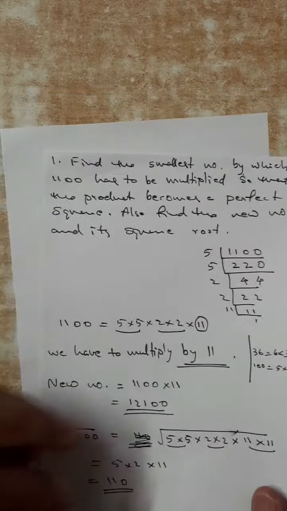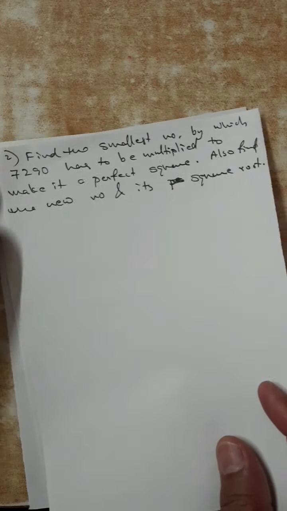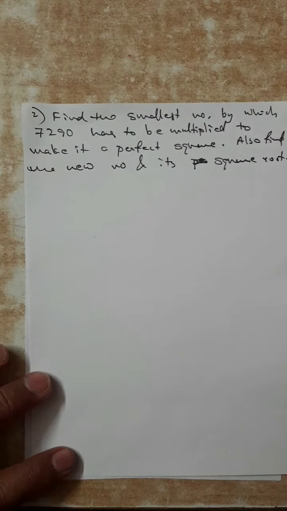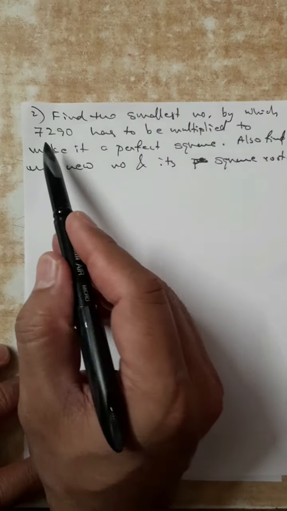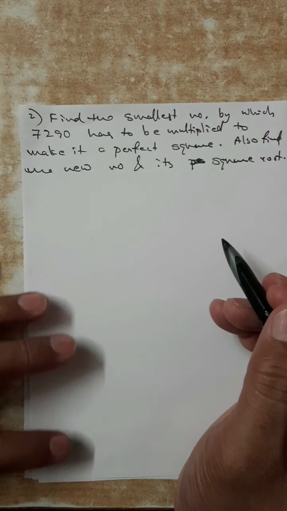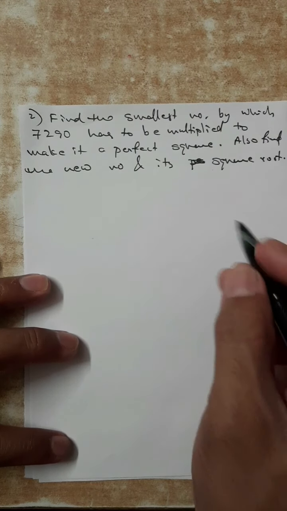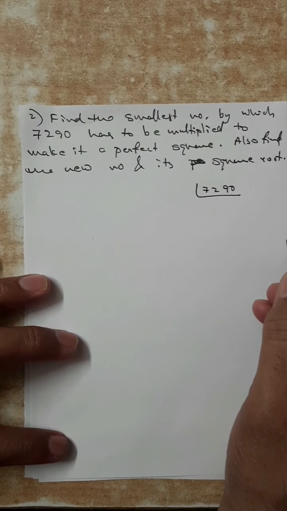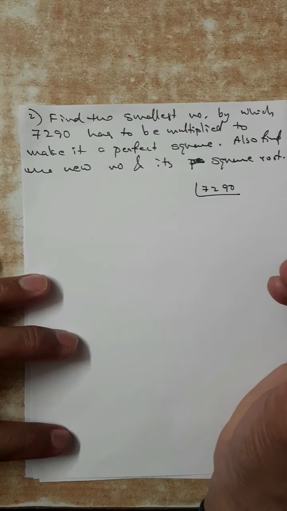Let me explain with another number. Another question, same question again, the number is different. Find the smallest number by which 7290 has to be multiplied to make it a perfect square. Also find the new number and the square root. First we have to do prime factorization.